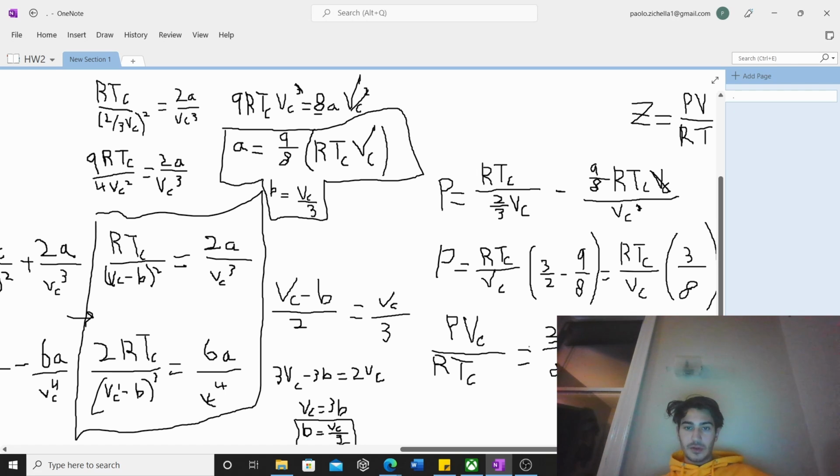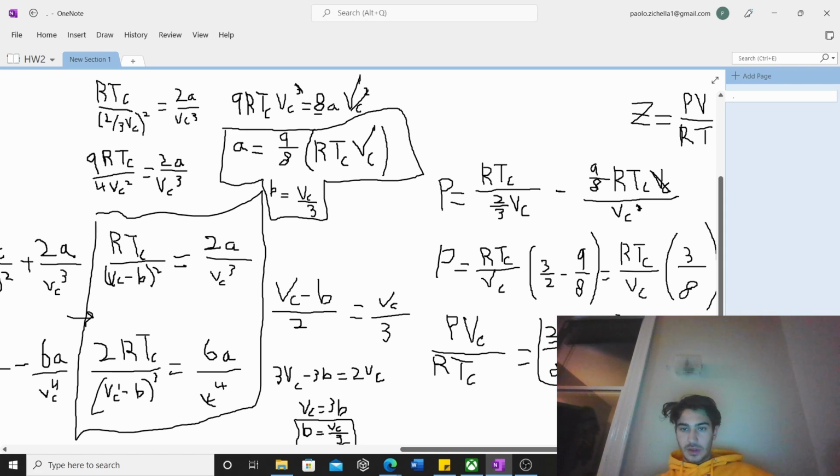And as we said earlier, this right here is equal to Z, right? So now we know what the compressibility factor is, right? We know that it is equal to 3/8.